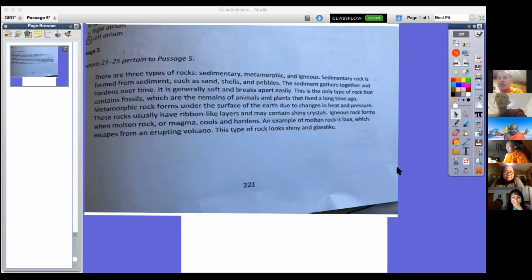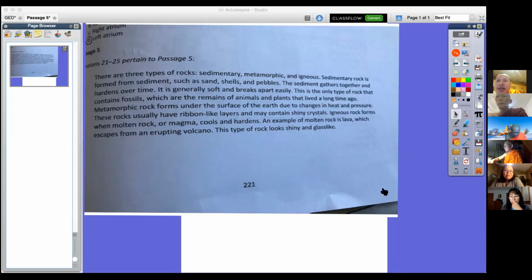Metamorphic rock. Metamorphic rocks form under the surface of the earth due to changes in heat and pressure.